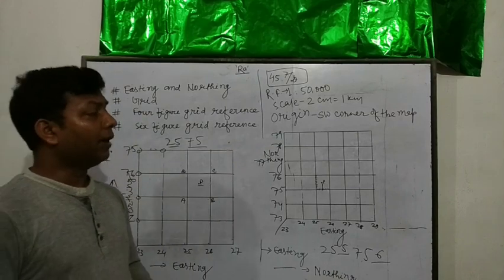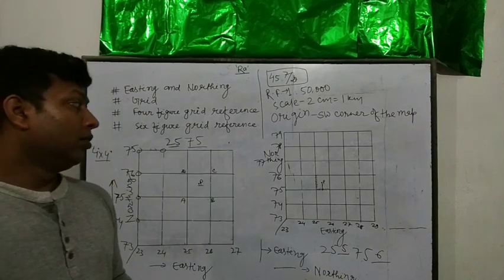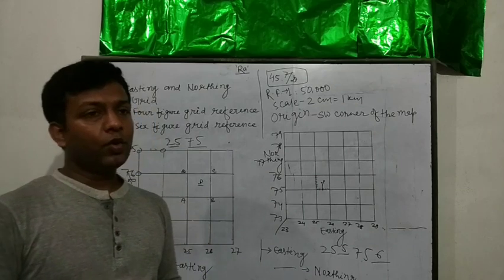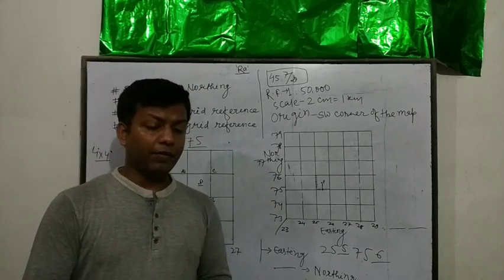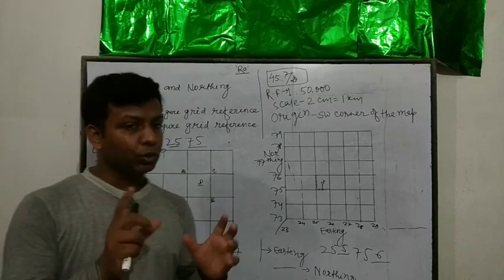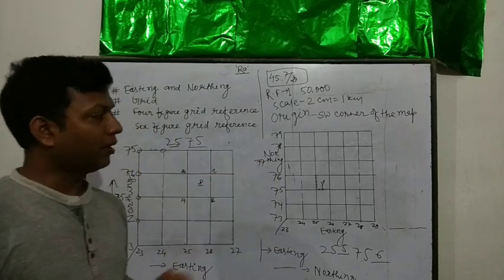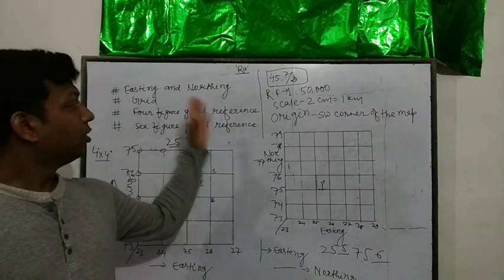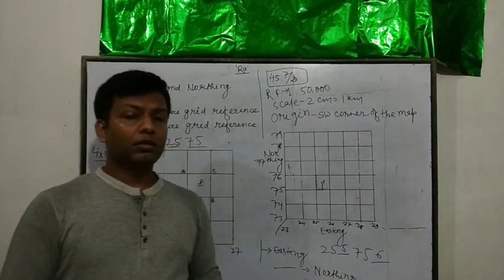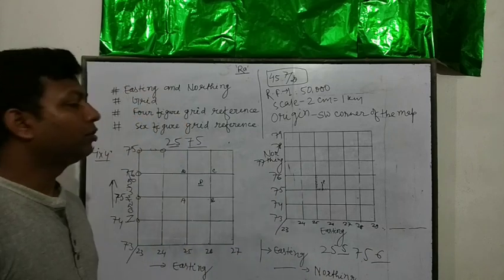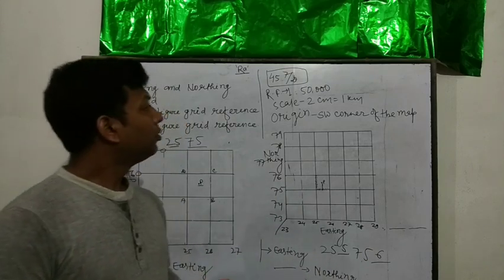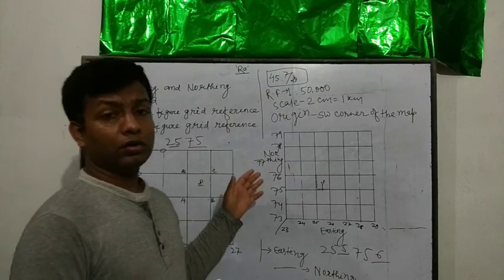And then after that, in the topographical sheet, we have to go through some slides, or I will try my level best to show our topographical map on this board. But I hope it will be good to make a video on slides.